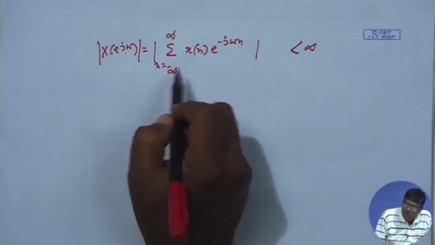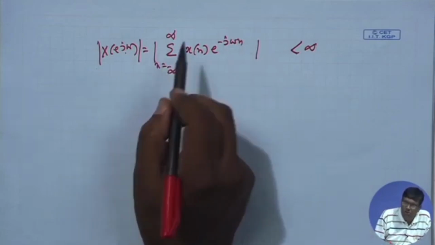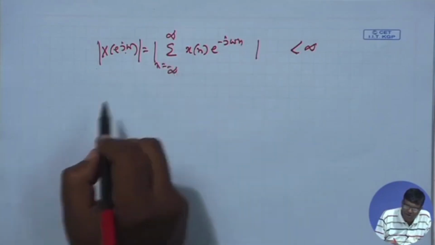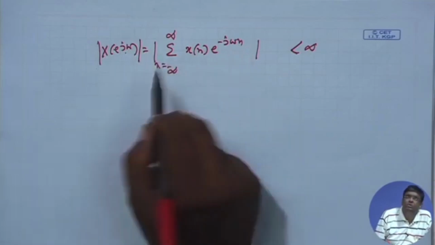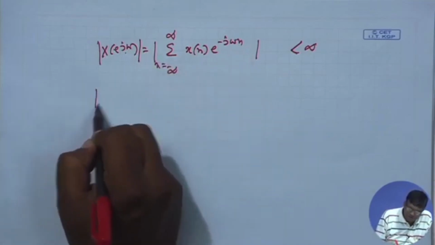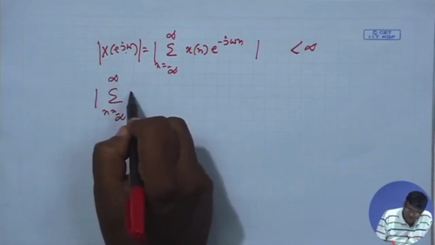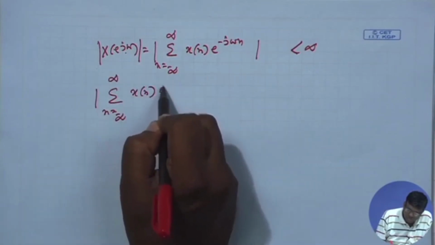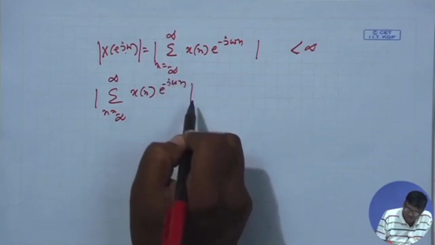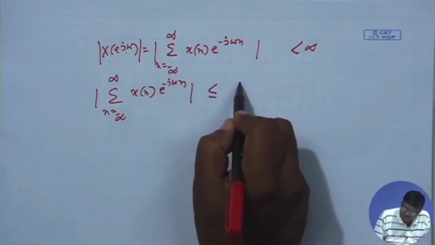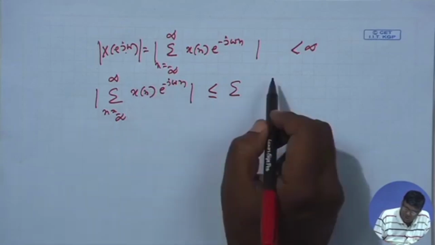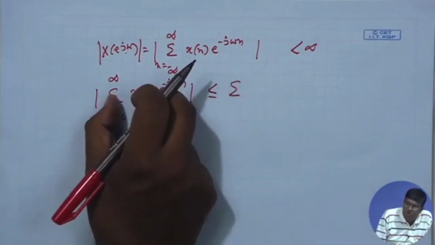Now, I told you the other day that I have done mod of a summation using the triangle inequality. You can write mod of a summation less than or equal to summation of the mods. So this is less than or equal to the summation of mod over this, and mod of a product is product of mods.